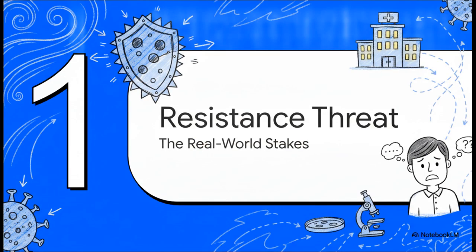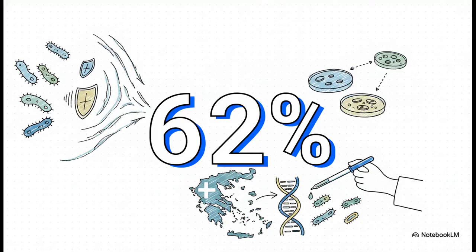Section 1. The antibiotic resistance threat, the real-world stakes. Take a look at this number, 62%. It's honestly staggering. According to the source data from the European Antimicrobial Resistance Surveillance Network referenced in the guidelines, roughly 62% of invasive Klebsiella pneumoniae isolates in Greece are completely non-susceptible to carbapenems. And Italy? They're sitting right around 33%.